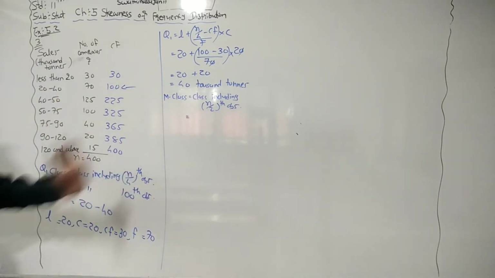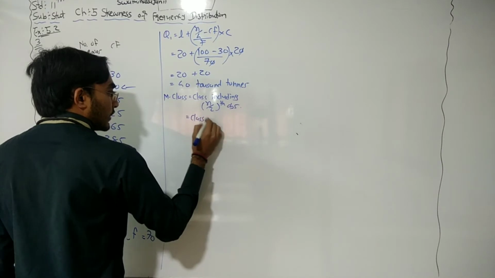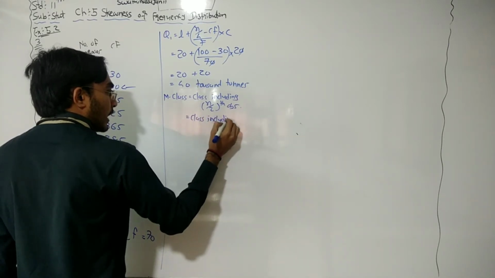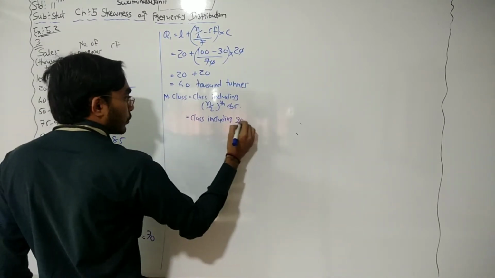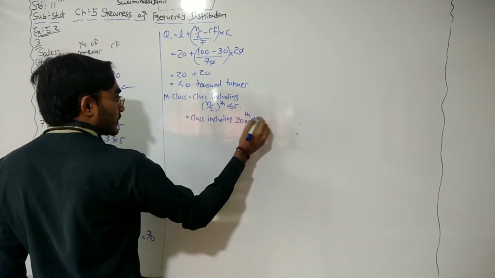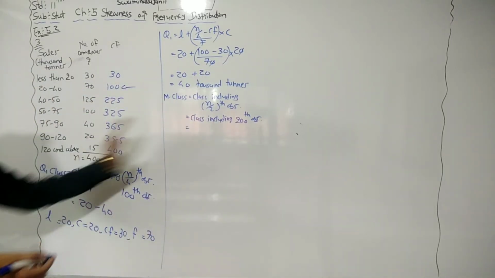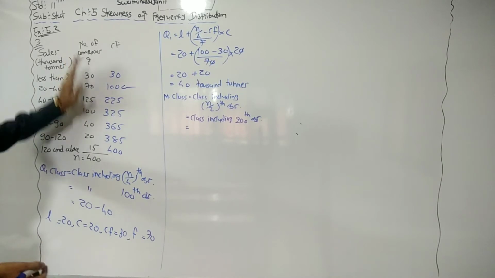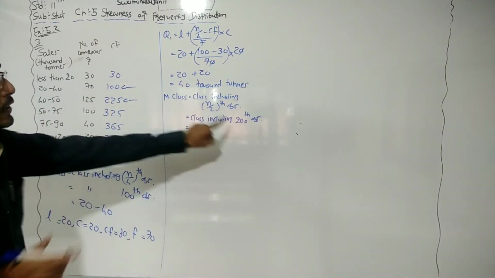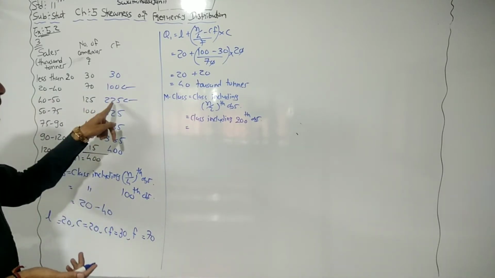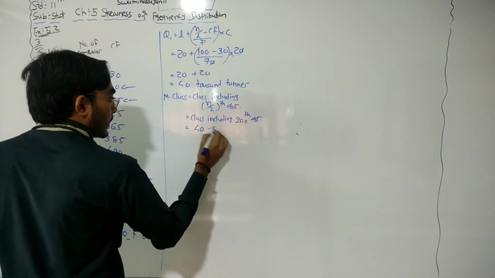Now n by 2, 400 by 2, is 200, so the 200th observation. In which class will 200 be included? Not in 100, so it goes into 225, and the class in front of that is 40 to 50.